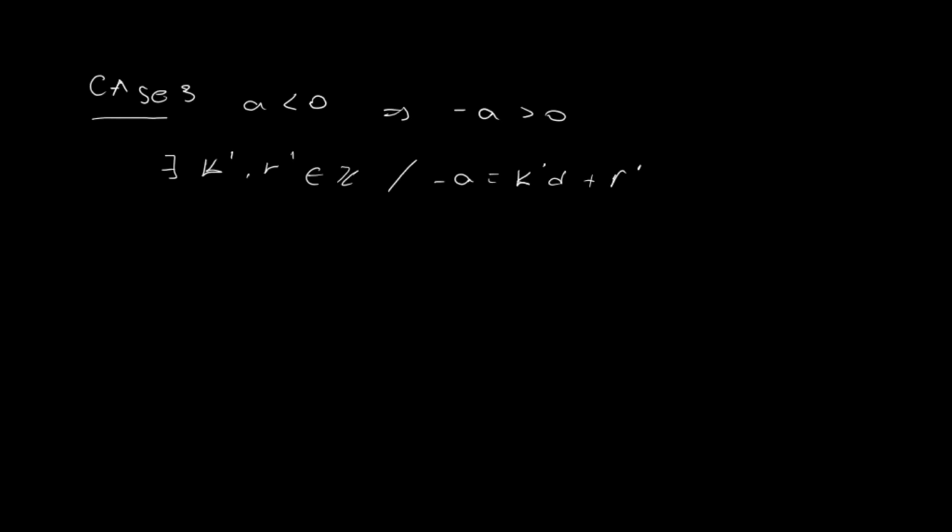Now multiplying everything by minus 1, we get that A equals minus k prime times d minus r prime.